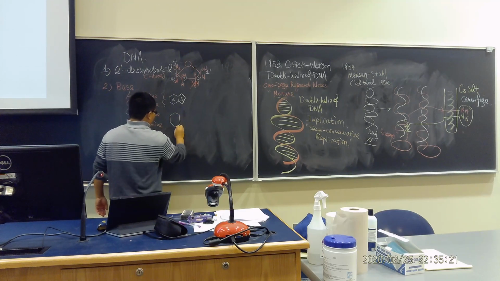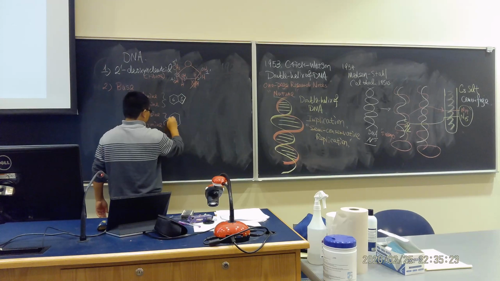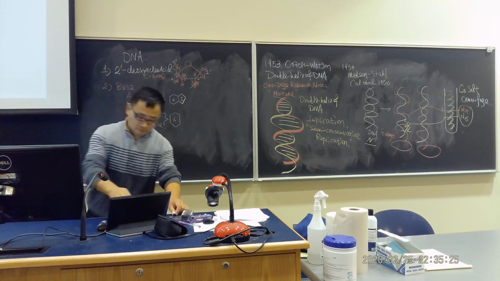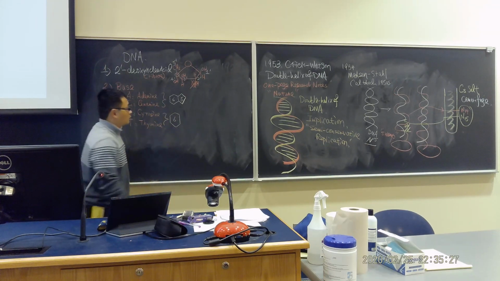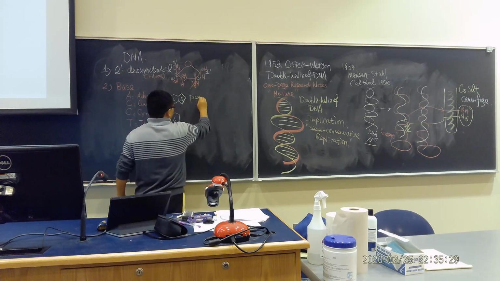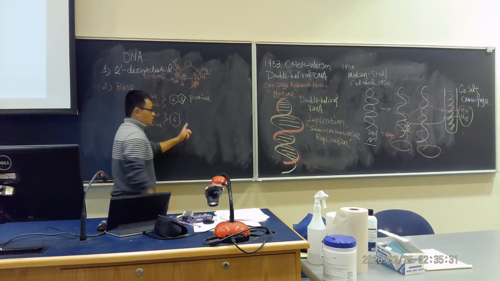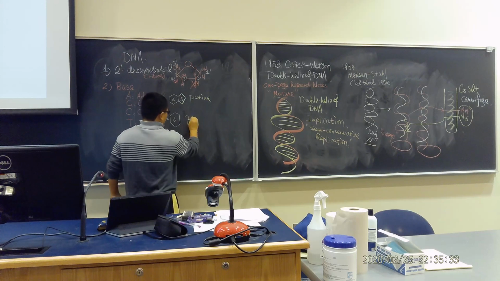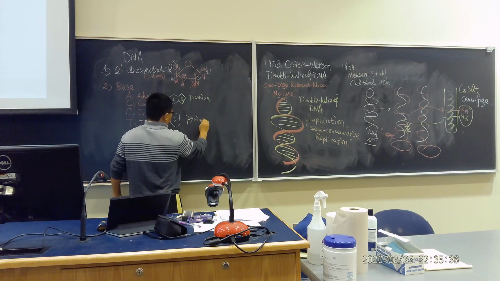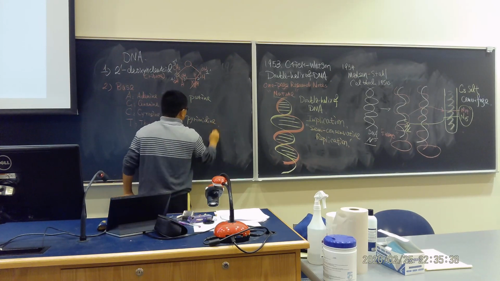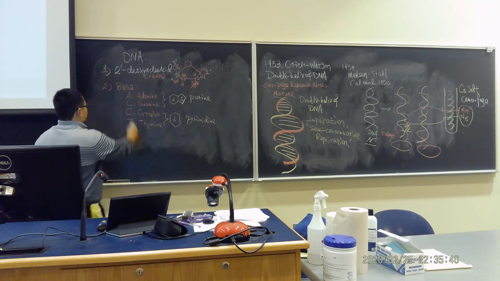Just a very simple 6 carbon ring. Okay? So what's the first one called? Purine. What's the second one called? Pyrimidine. Is that right? So those are the bases.